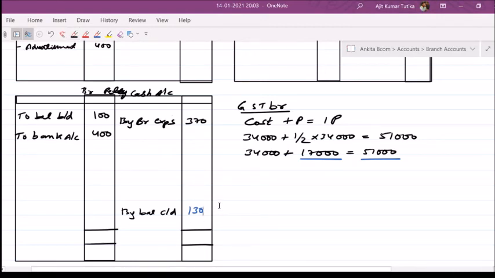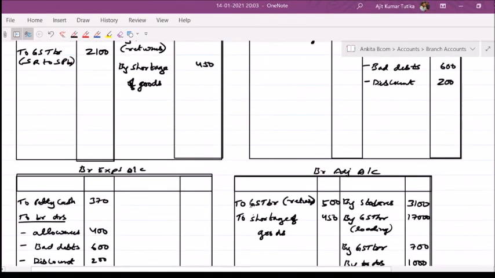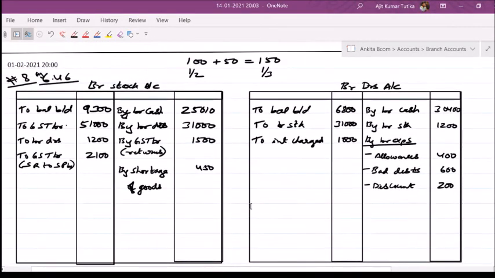Anytime you can close, either you close branch stock account or you close branch debtors account. We already have brought down.